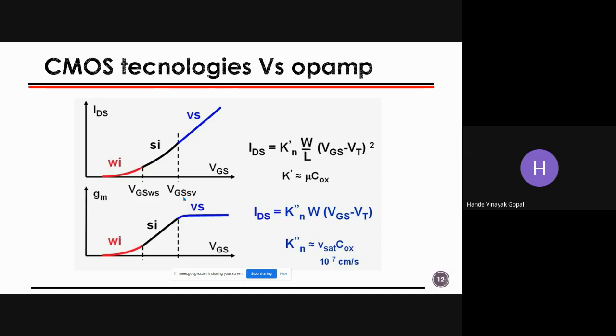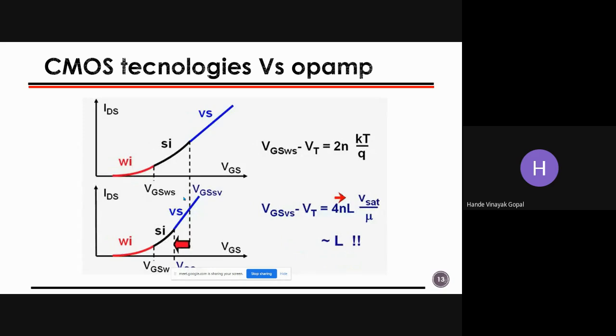So no matter how much current I pump into the transistor or how much I increase VGS, my gm will be saturated. This is really a problematic situation because gm is related to frequency as well as gain. It is one of the problematic scenarios people are fighting with nowadays.